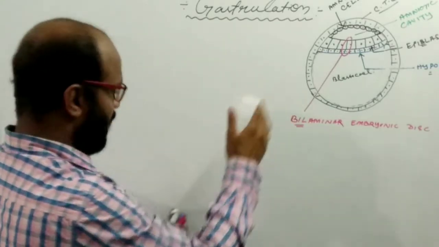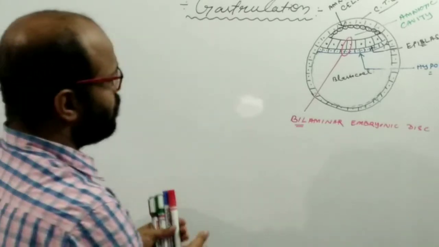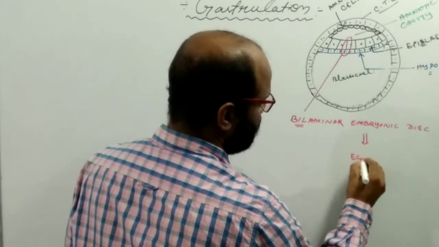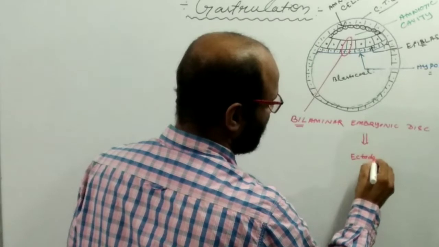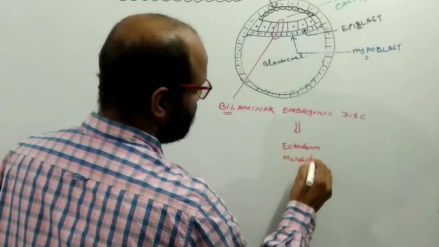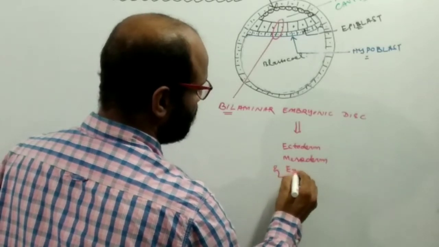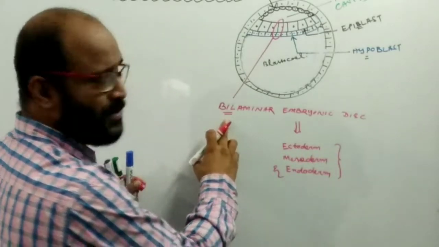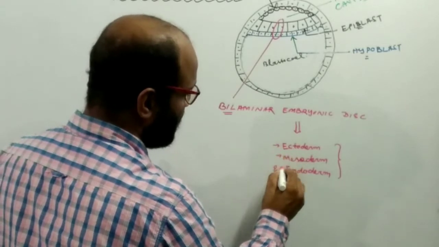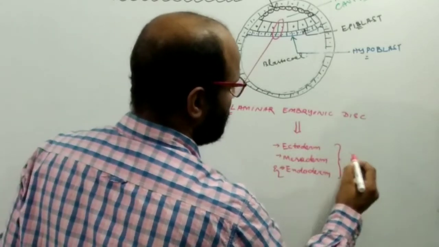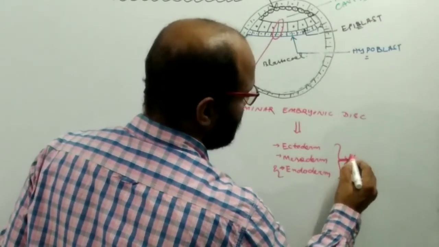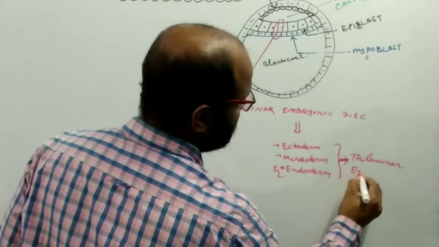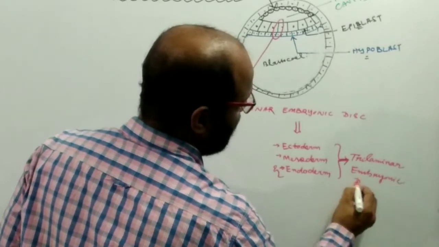The three germ layers, ectoderm, mesoderm and endoderm, are formed from the bilaminar embryonic disc, and when these three layers are present one by one, this type of disc is known as the trilaminar embryonic disc.